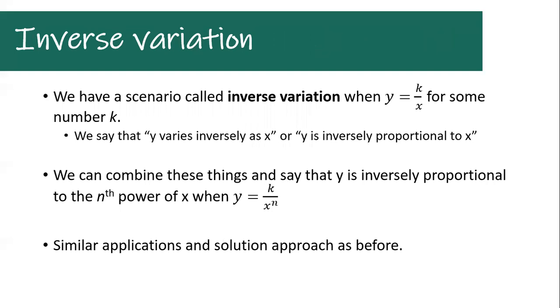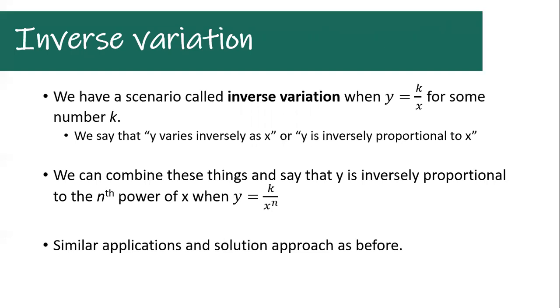On the other hand, with direct variation, as one goes up, the other goes up. But on this side, we have something called inverse variation, and that happens when we have y equals k over x for some number. So instead of having y equals k times x to the n, we now have x in the denominator.